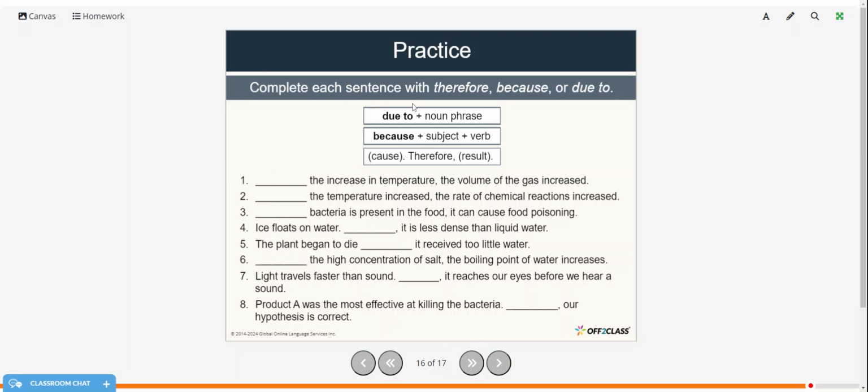All right, so now you're going to complete each sentence with therefore, because, or due to. And remember, we follow due to with a noun phrase, because with a subject and a verb, cause, therefore, and then result. Okay, so number one, due to the increase of temperature, the volume of the gas increased.